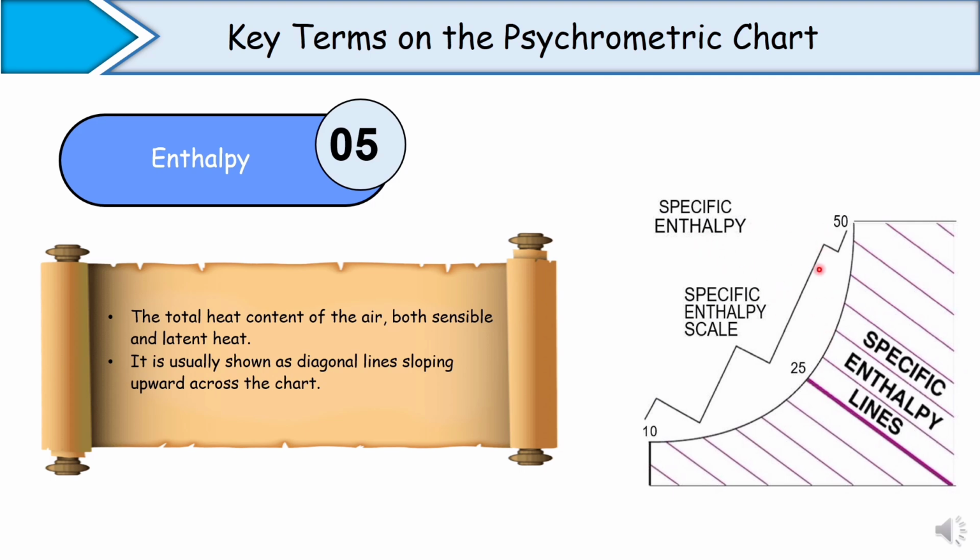Sloping upward on the chart. This line increases as both the temperature and moisture content increase. Remember, enthalpy is crucial for energy calculation in HVAC systems. It helps estimate the total energy required to cool or heat air, accounting for both the temperature and moisture.